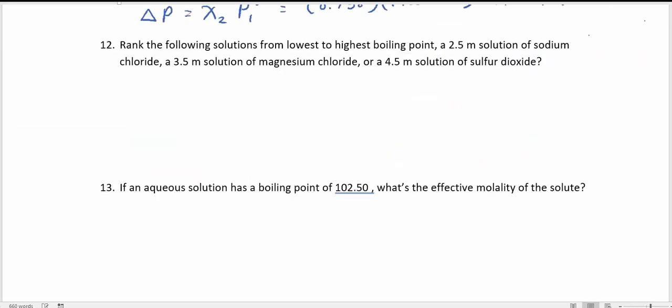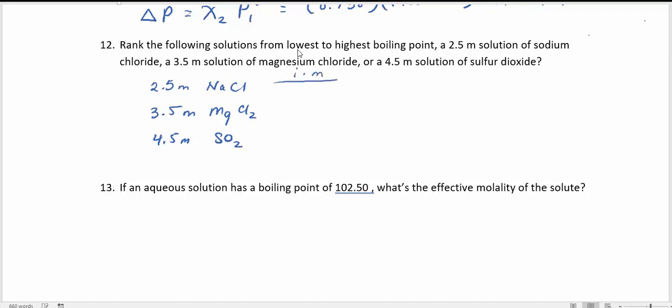Number 12, rank the following solutions from lowest to highest boiling point. So we have a 2.5 molal solution of sodium chloride, a 3.5 of magnesium chloride, and a 4.5 of sulfur dioxide. So let's find the effective molality here, the i times m.